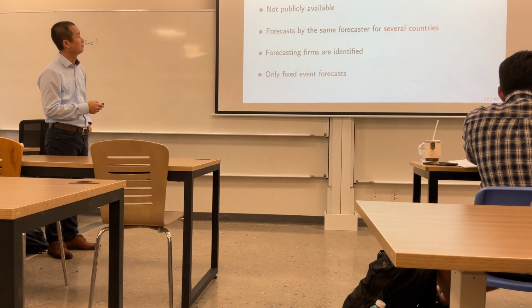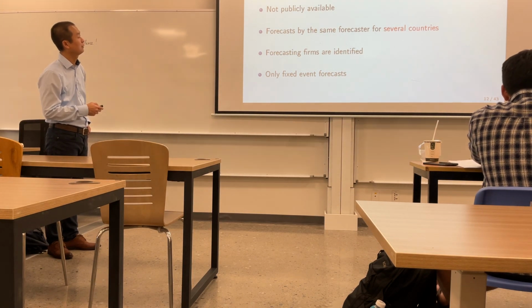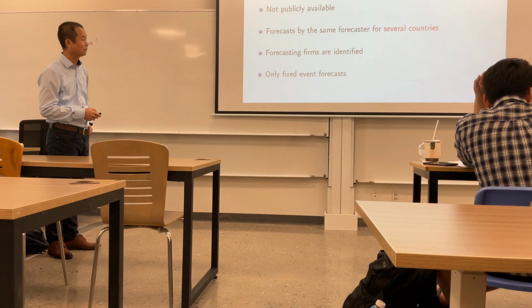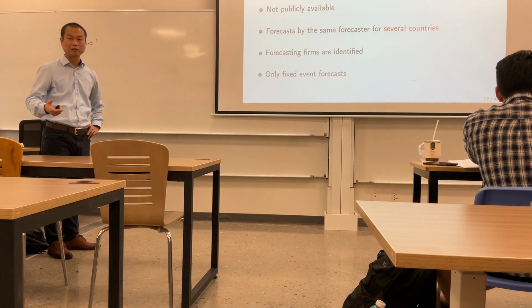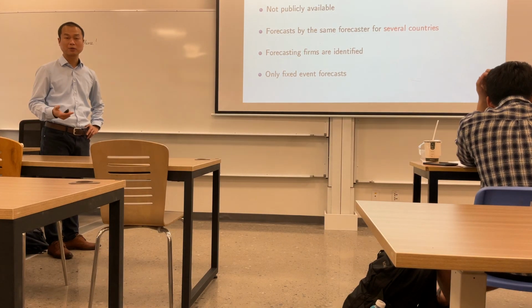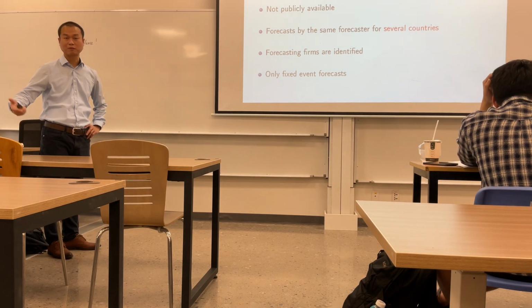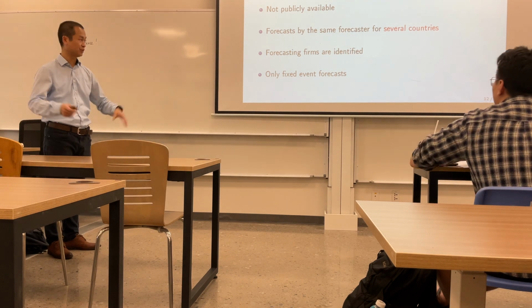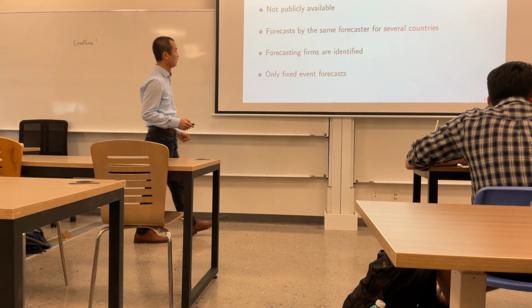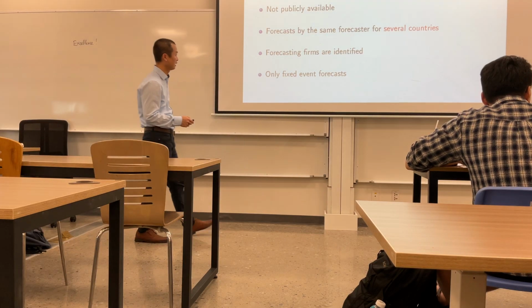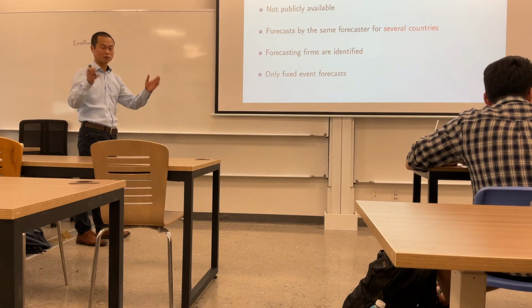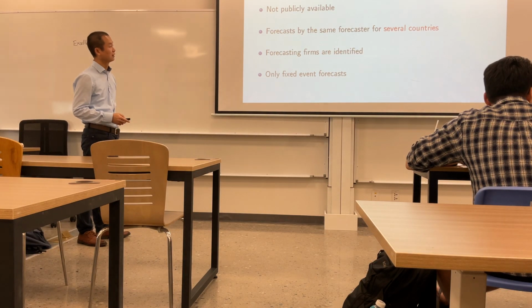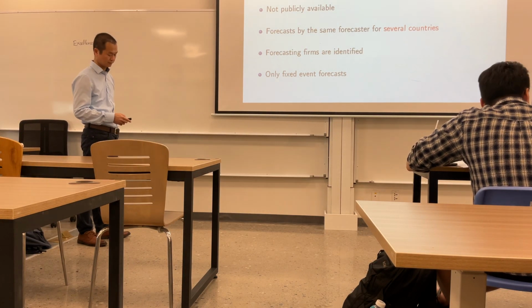But for Consensus Economics, it is the same forecaster, like the German economists, who not only make forecasts for German macroeconomic development, but also for French macroeconomic development as well. So they ask for a group of countries. And they also have only fixed event forecasts for the time dimension.